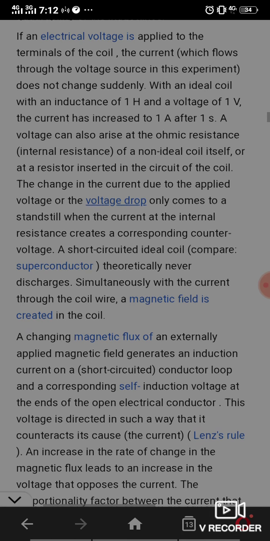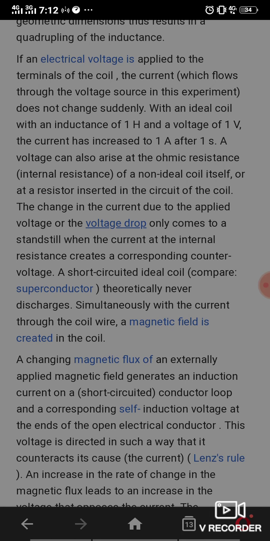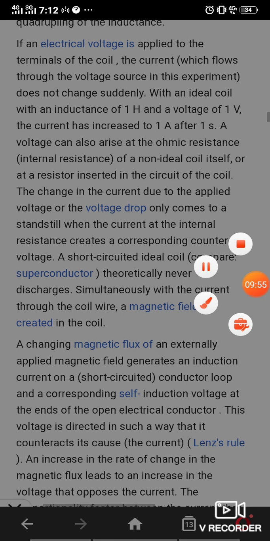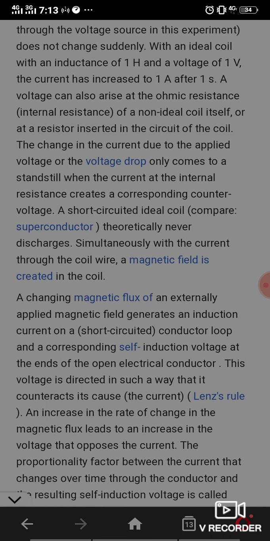A changing magnetic flux of an externally applied magnetic field generates an induction current in a short-circuited conductor loop and a corresponding self-induction voltage at the ends of the open electrical conductor.